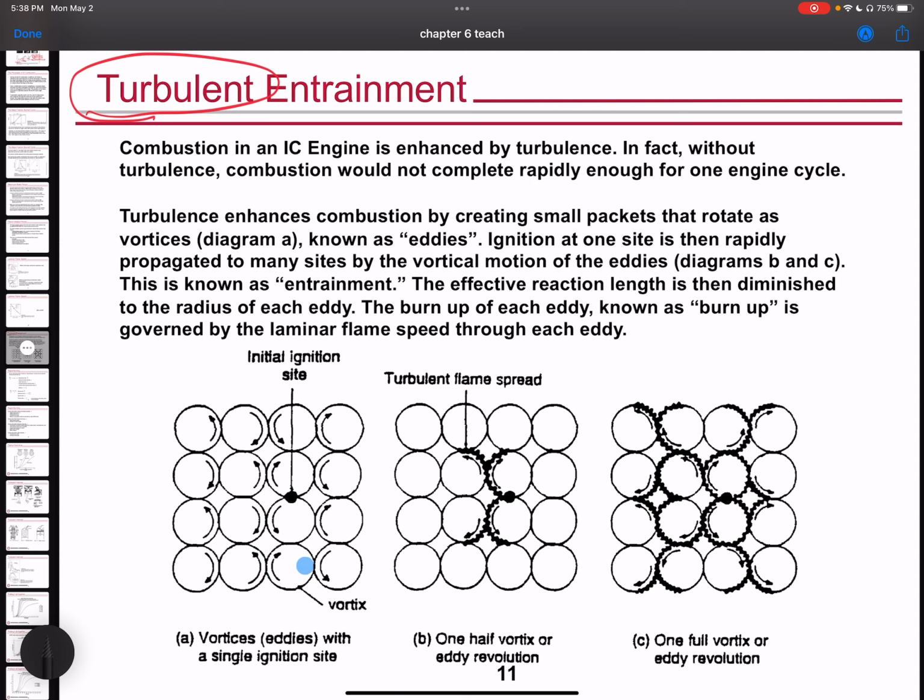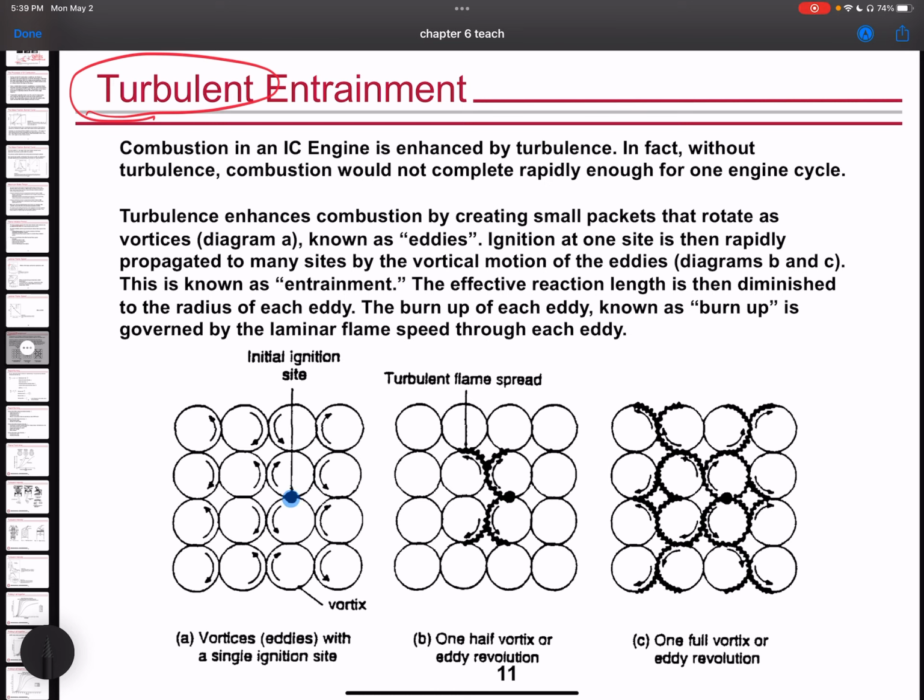And so then, if you have a small ignition site, say you have a small flame right here where this black dot is, where you have some development of a flame, what happens is that the ink roller above this ignition site, which is rotating this way, or this fuel-air eddy, which is rotating in this direction, is going to carry that flame with it in this clockwise motion, right?